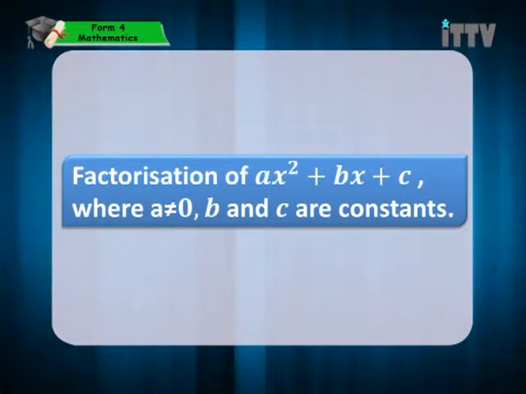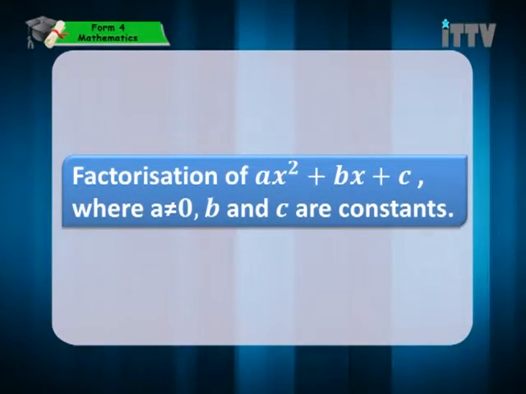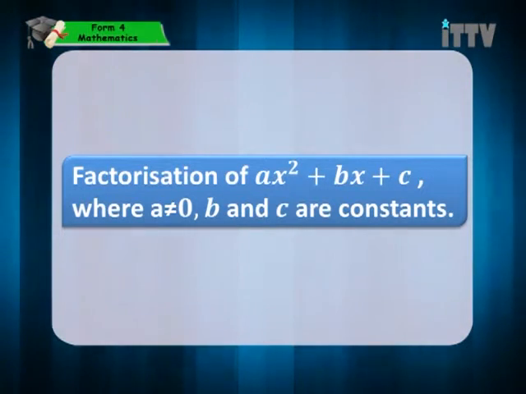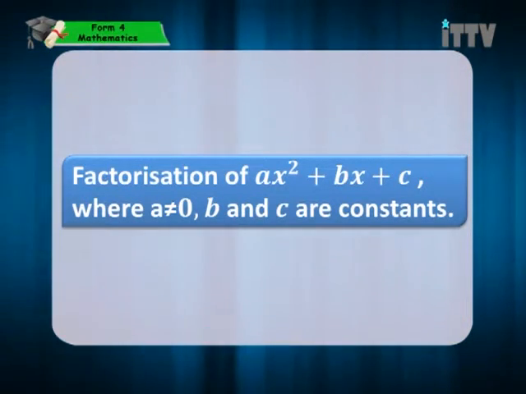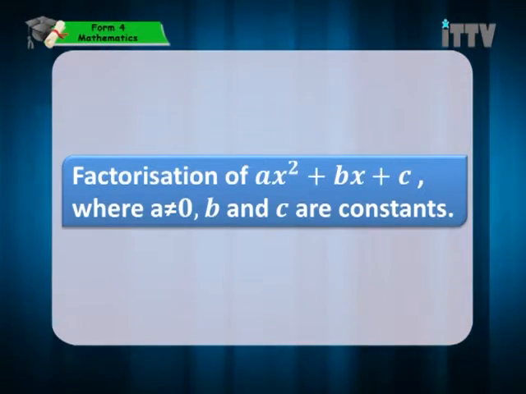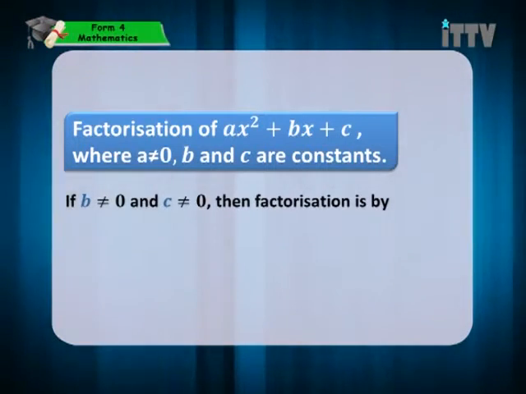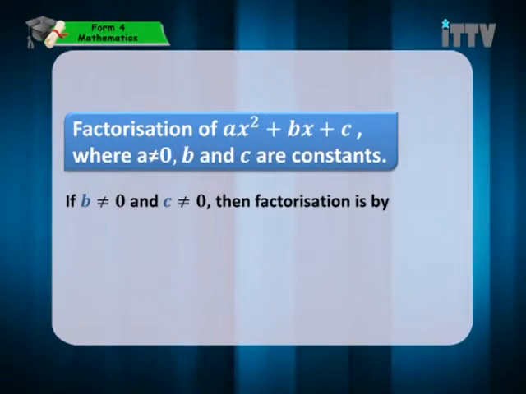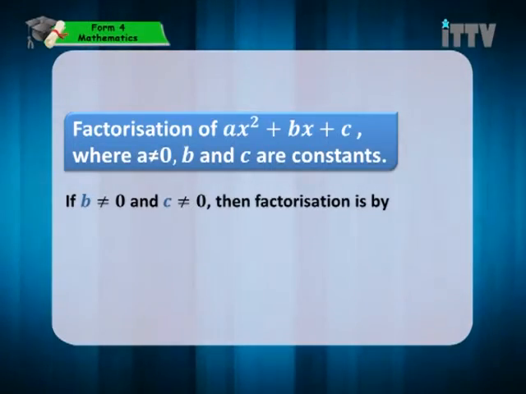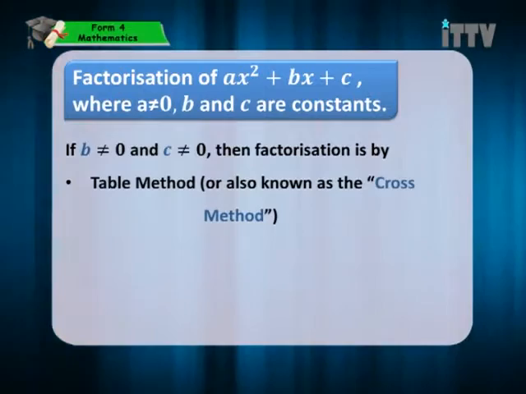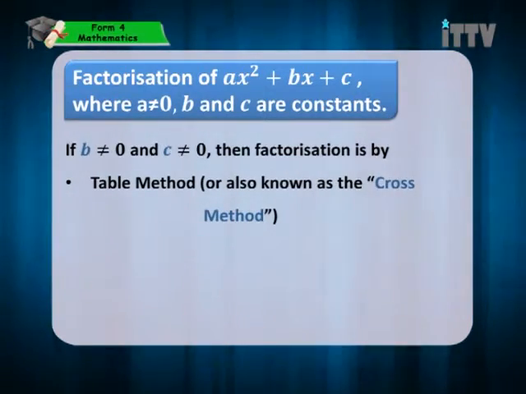The factorization of ax squared plus bx plus c, where a is not 0, and b and c are constants. If b is not 0 and c is not 0, then the factorization is by the table method, also known as the cross method.